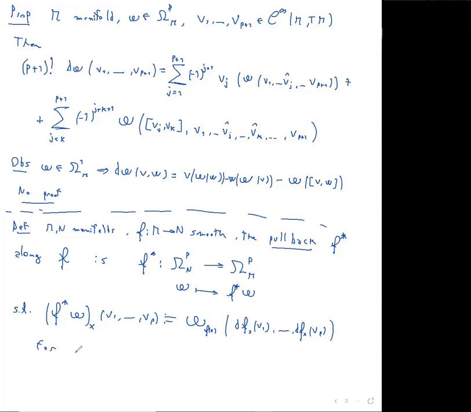Okay, so for x in m and v1, ..., vp vector fields.